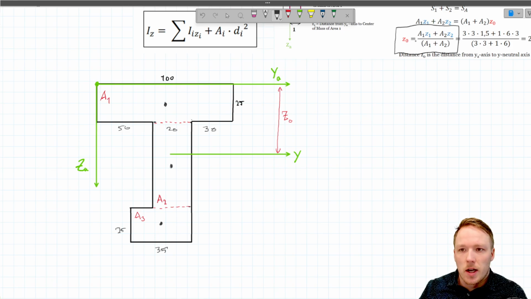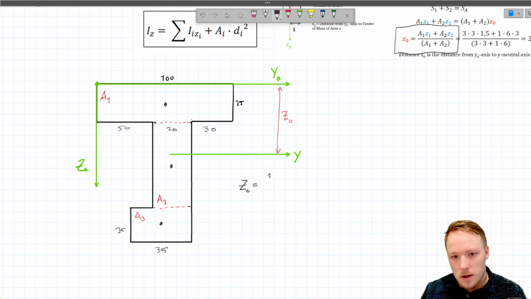Alright, so let's start to calculate Z0 then. The equation for calculating Z0 is shown up here, so that is the equation we're going to use. Z0 equals, first we start from area number 1. Area number 1 is 100 millimeters wide and 25 millimeters tall, so the area of area 1 is 100 millimeters times 25 millimeters.